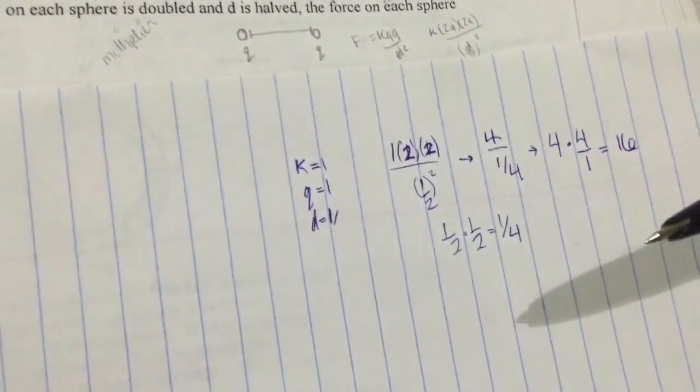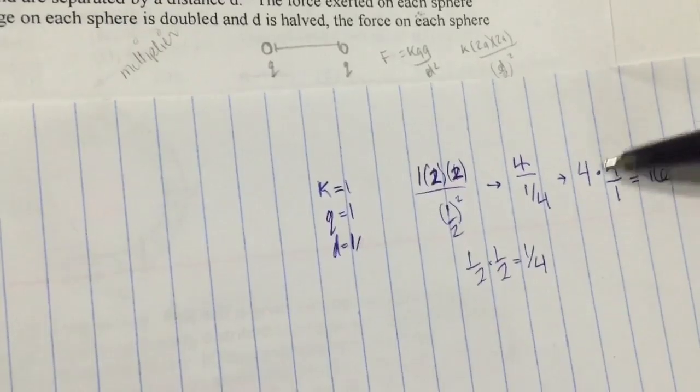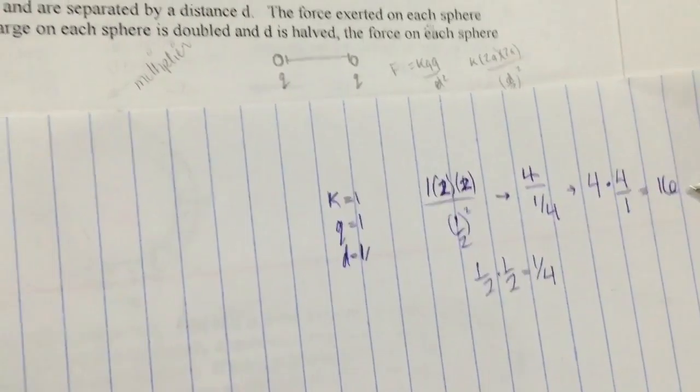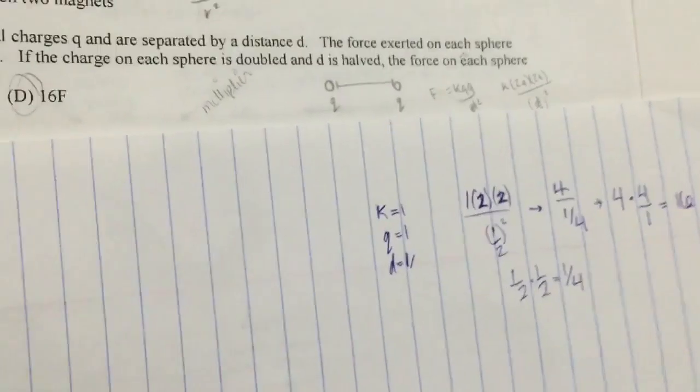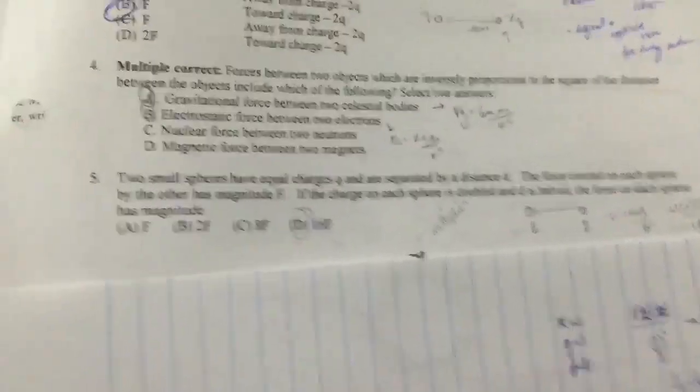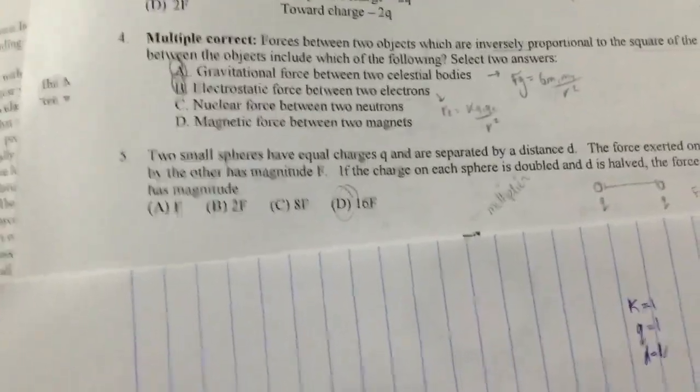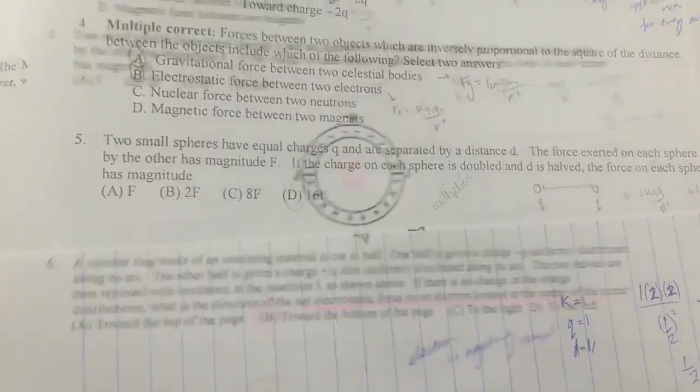So then we'd have 4 divided by 1/4. If you flip, 4 times 4 is 16. And the force on each sphere would be 16.